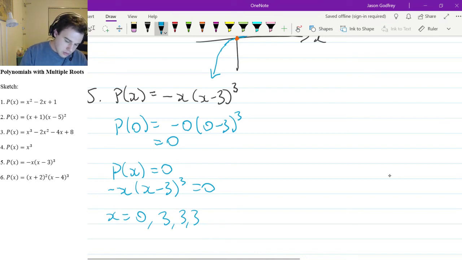What about the sign of the leading coefficient? Well, if you expanded this all out, you'd get negative x times positive x times positive x times positive x, which would be negative x to the 4. Right, so it's a quartic, so it's going to have up to 4 roots, where it's got 3 packed into one point, 4 roots, and it's going to have 3 turning points.